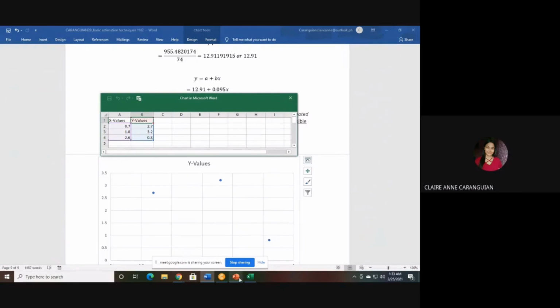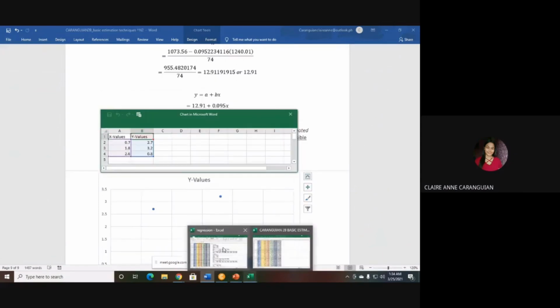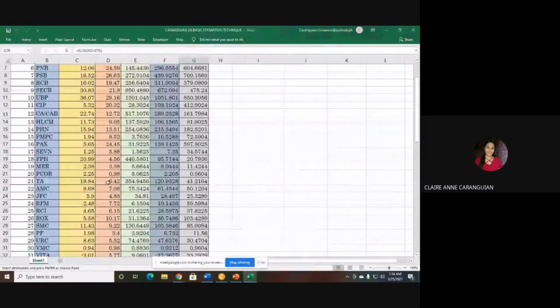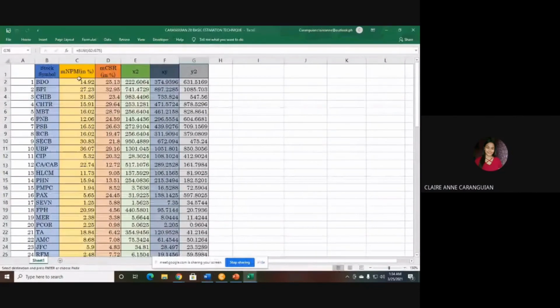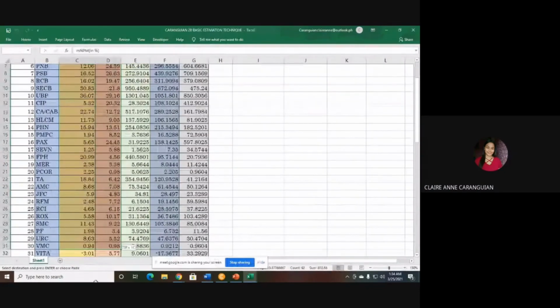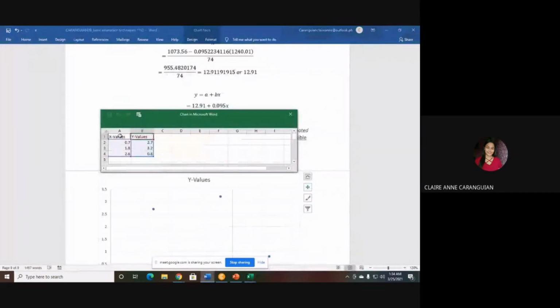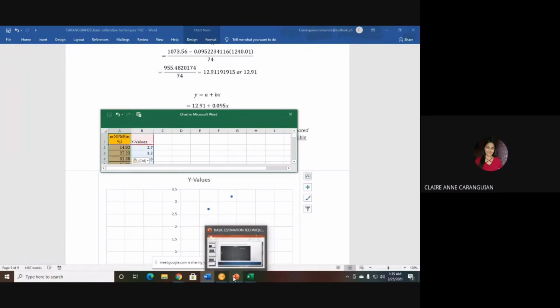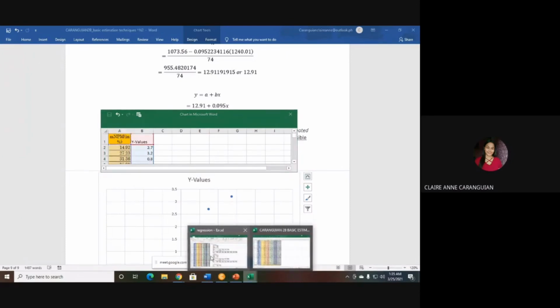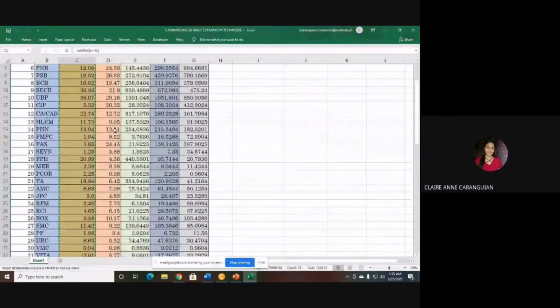May lalabas na chart. Balik tayo sa Excel natin kanina. Click natin ulit. Same process, tulad kanina. Control C. And punta tayo sa X value. Kasi since X value naman yung mean net profit margin, so doon natin lalagay. Next is the Y value naman.